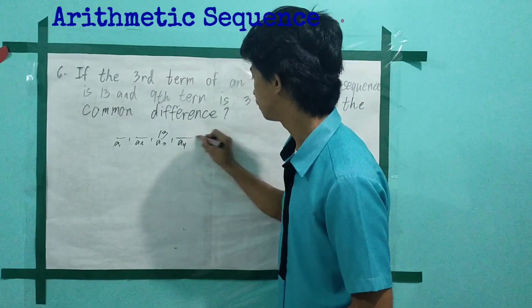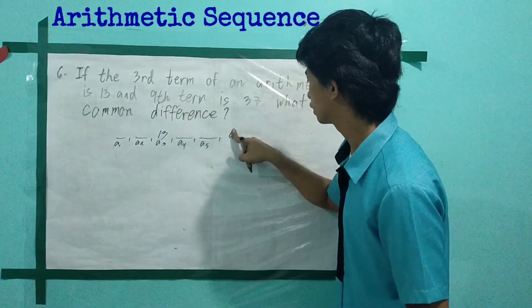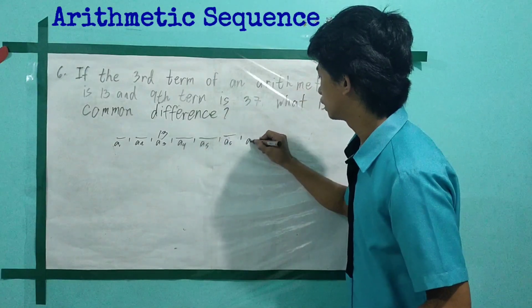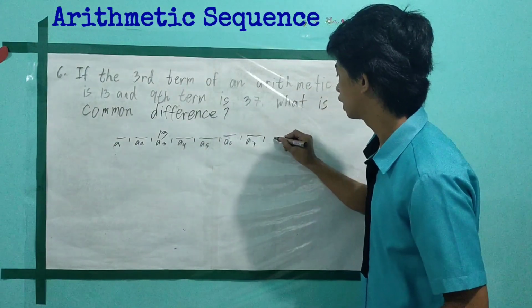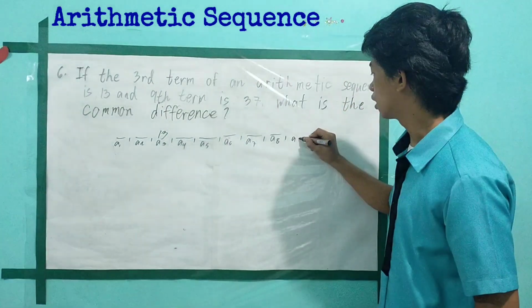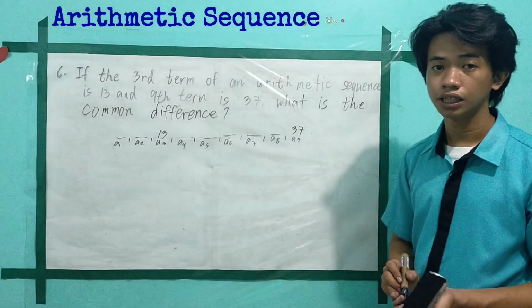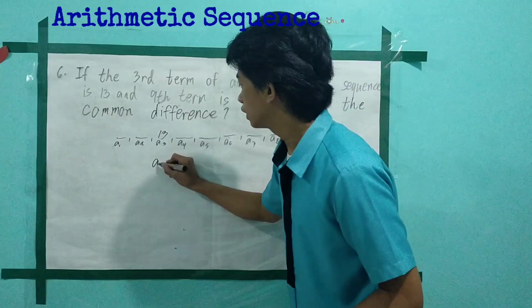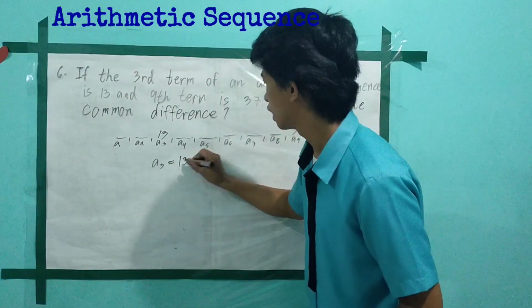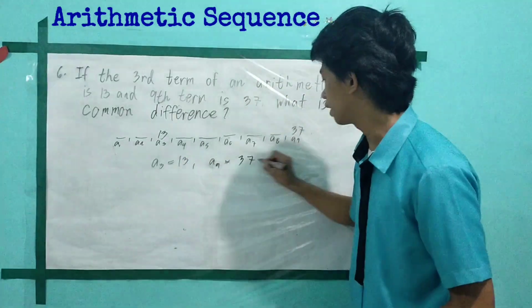A sub 4, A sub 5, A sub 6, A sub 7, then A sub 8, and A sub 9. Ano A sub 9 natin? We have 37. So ang ating A sub 3 is equal to 13. Ang ating A sub 9 is equal to 37.